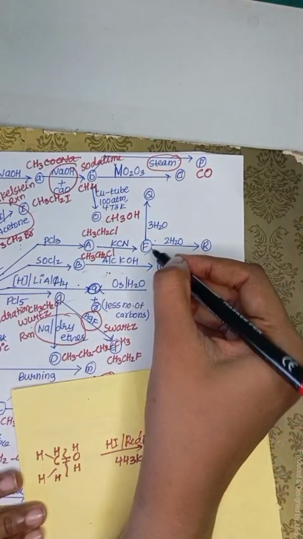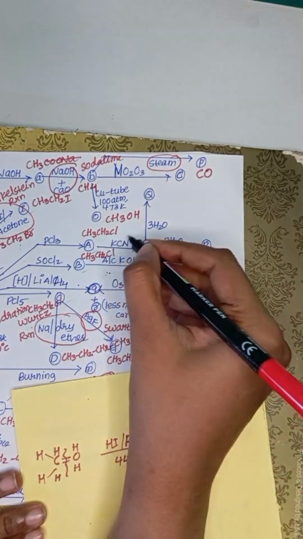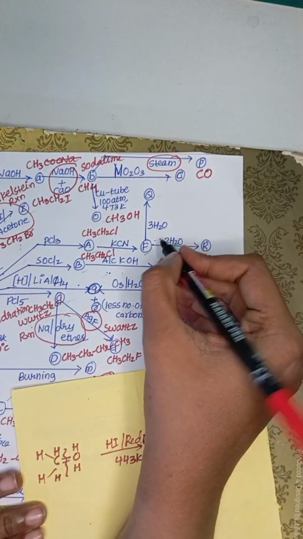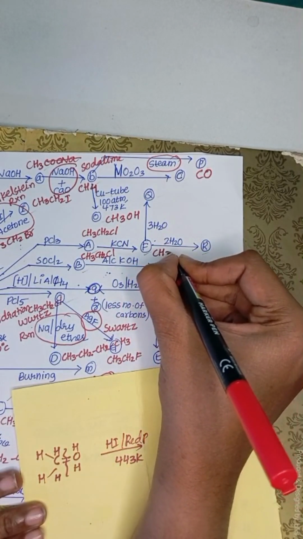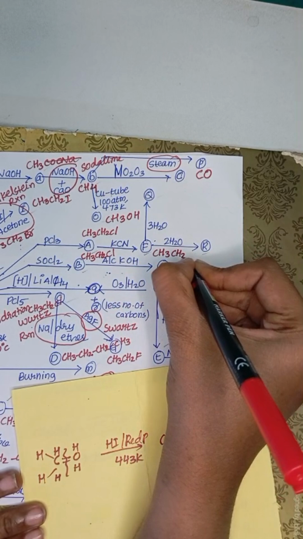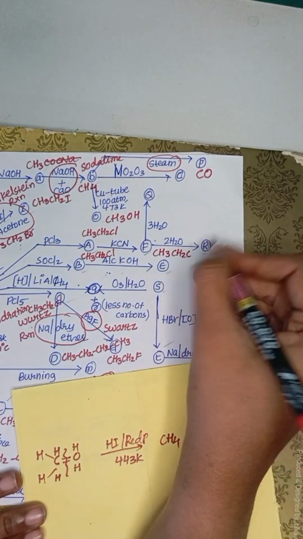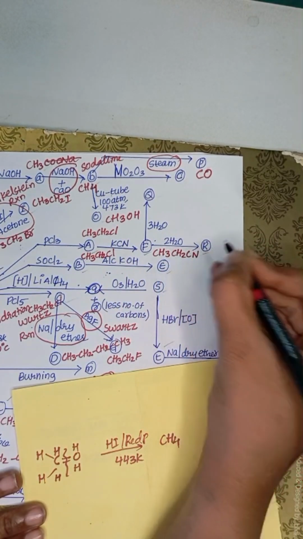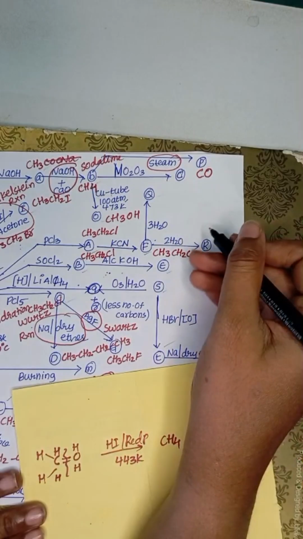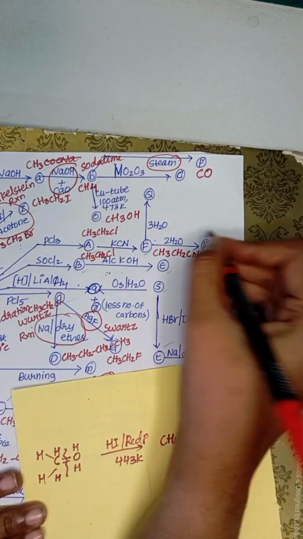Let's come to the next one. When chloroethane is treated with KCN, it forms the corresponding cyanide.